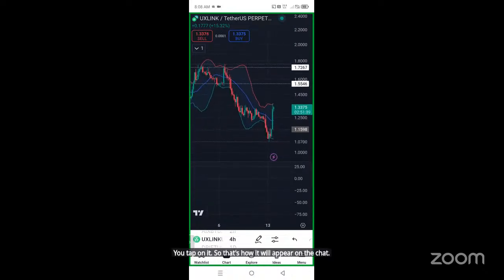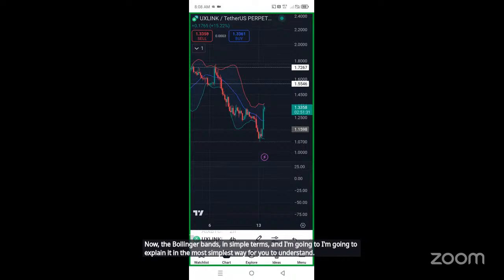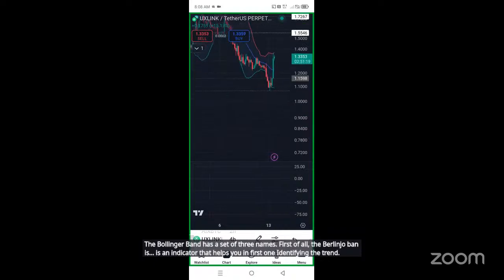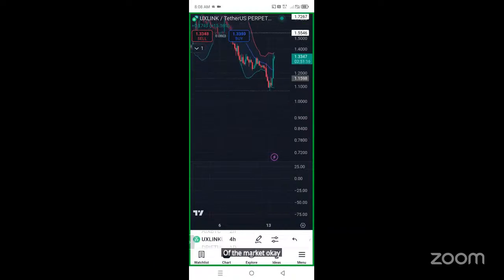Now, the Bollinger Bands, in simple terms, and I'm gonna explain it in the simplest way for you to understand. The Bollinger Band has a set of three lines. First of all, it is an indicator that helps you identify the trend of the market.